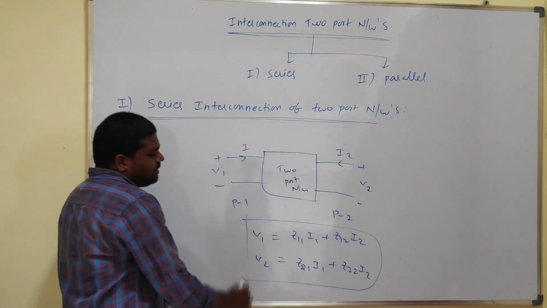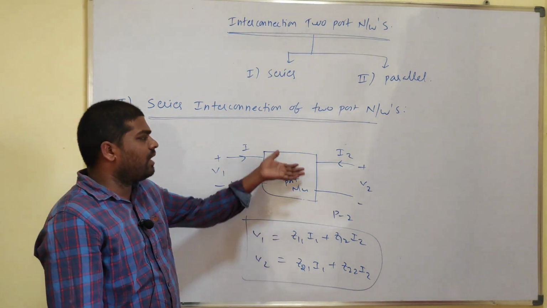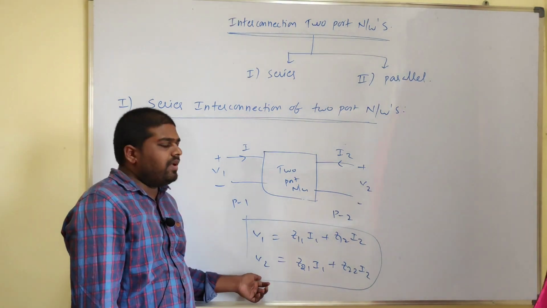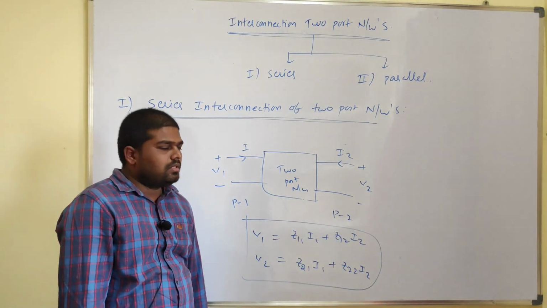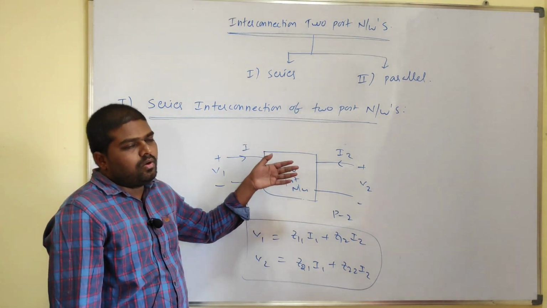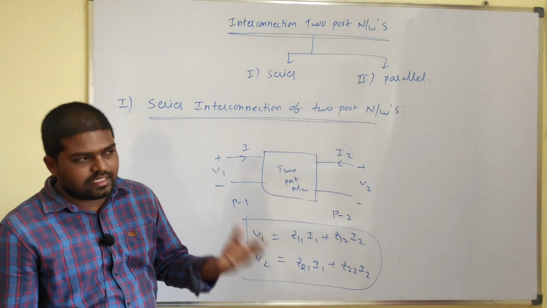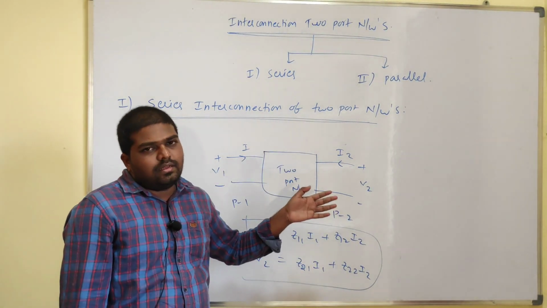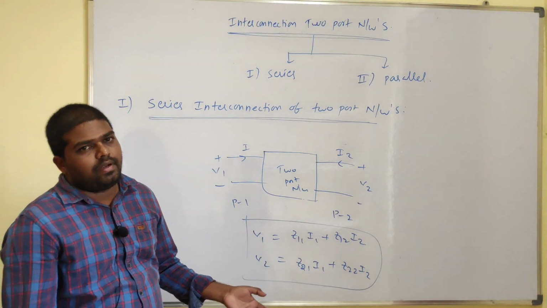So this is the single two-port network, the Z parameters. Similarly, if we take Y parameters, here I1, I2 are the dependent variables and V1 and V2 are the independent variables. For a single two-port network, we can define the Z, Y, G, H, and transmission and inverse transmission parameters.